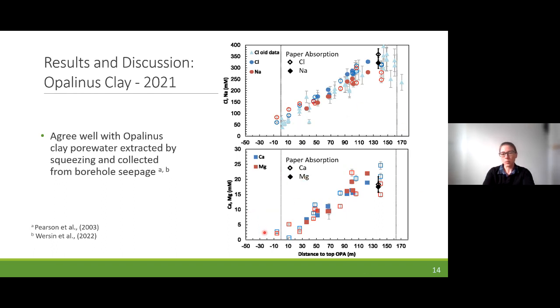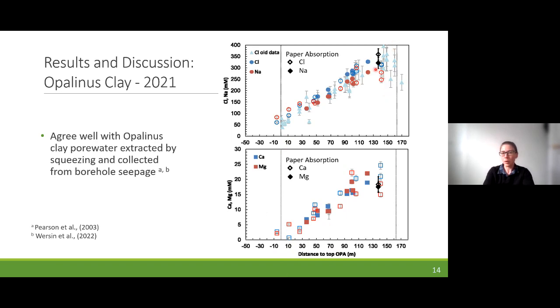These plots here present some data extracted using both squeezing and borehole seepage collection over the years. Generally, this data is plotted as concentration from the distance of the top of the opalinaceous clay. So we have concentration on the y-axis and the distance from the top of the clay on the x-axis.